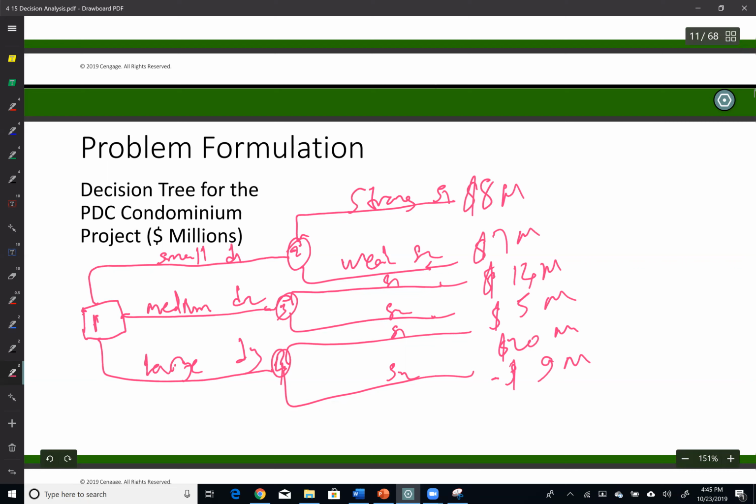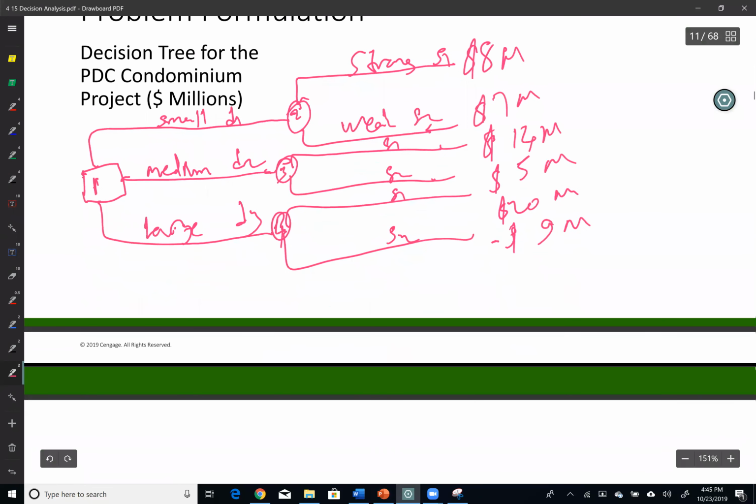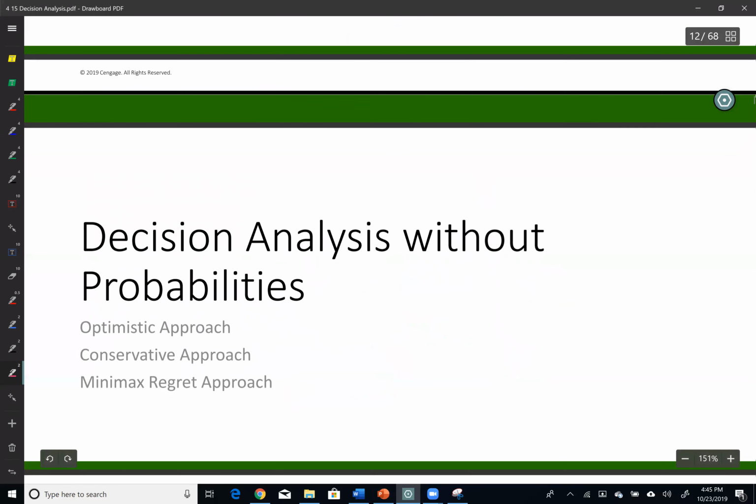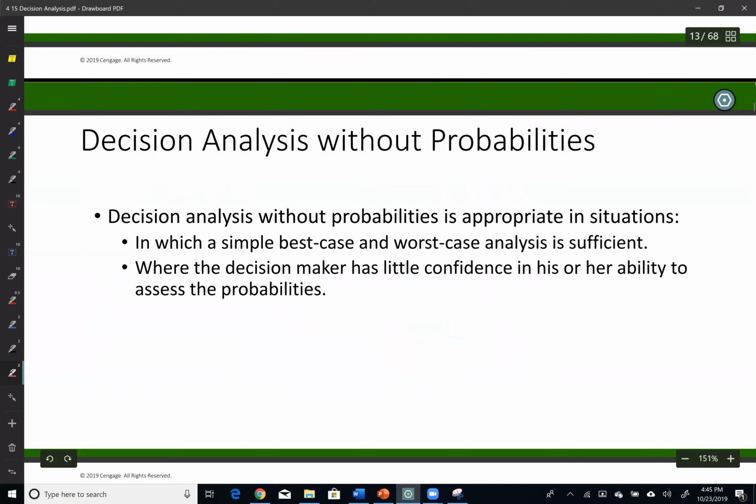Now I would like to show you how to make decision based on different approaches. First approach I would like to talk about is optimistic approach. Second one is going to be conservative approach. And finally, I would like to show you MiniMax regret approach. So let's start with the optimistic approach.